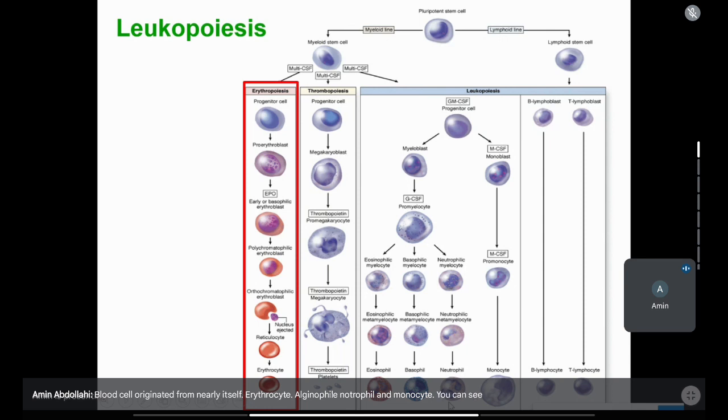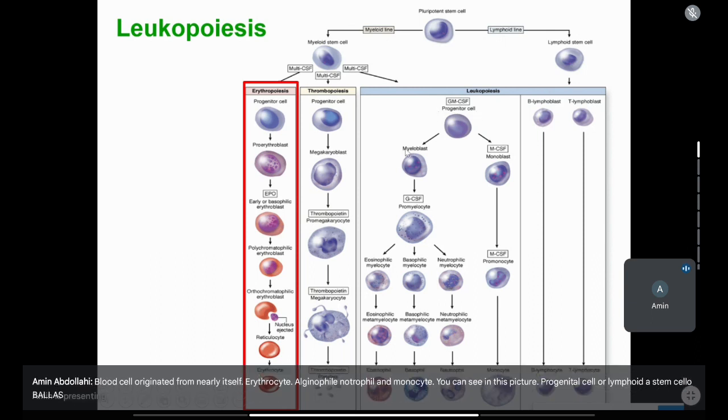You can see in this picture the progenitor cell or lymphoid stem cell, myeloblast, monoblast, promyelocyte, eosinophilic myelocyte, basophilic myelocyte, neutrophilic myelocyte, neutrophilic metamyelocyte, basophilic metamyelocyte, eosinophilic metamyelocyte, and in this step, finally, you can see the mature eosinophil, basophil, neutrophil, and monocyte.